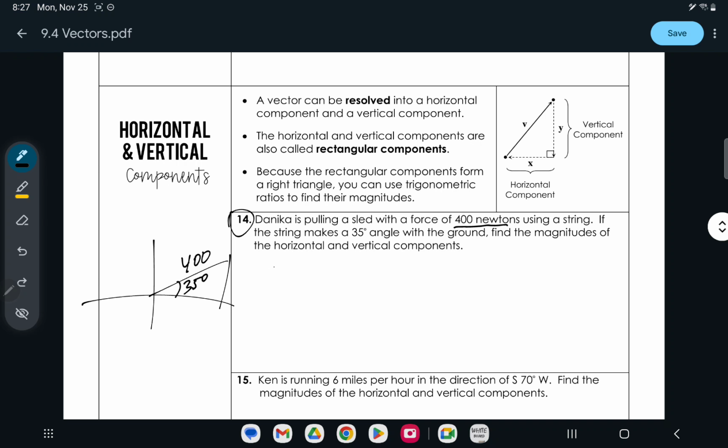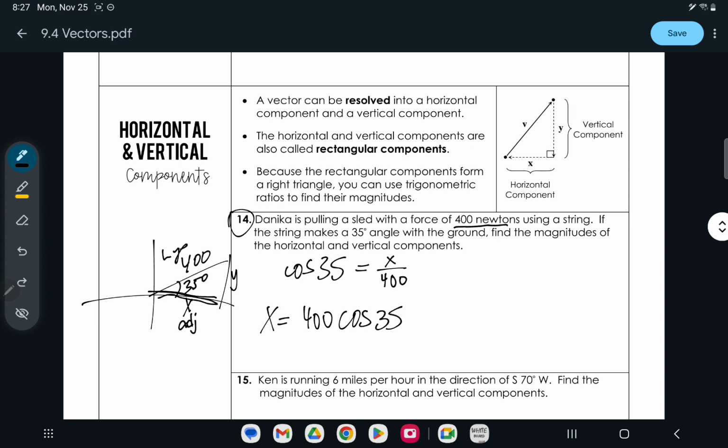So let's see, this is the y, this is the x. The x component would be adjacent and hypotenuse, so that's cosine. So cosine of 35 is going to equal x over 400. So x is going to equal 400 cosine 35. So let's see what this gives.